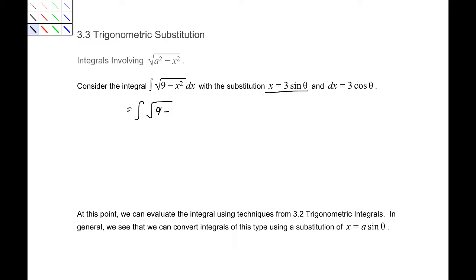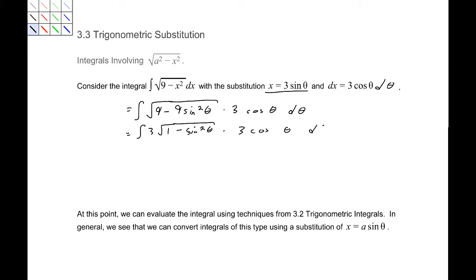That would be 9 sine squared theta, and our dx becomes times 3 cosine theta d theta. Well, I can factor a 9 out of that, and that comes out of the square root as a 3: 3 square root of 1 minus sine squared theta times 3 cosine theta d theta.